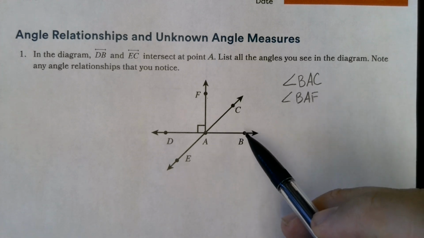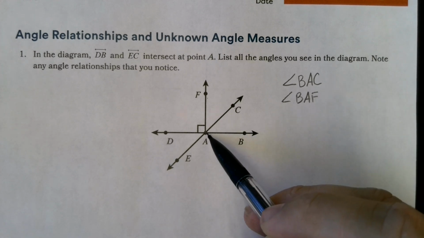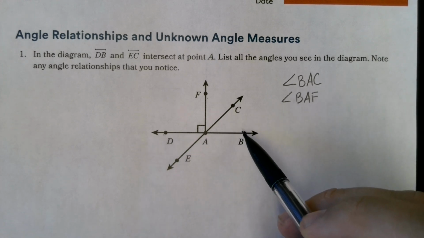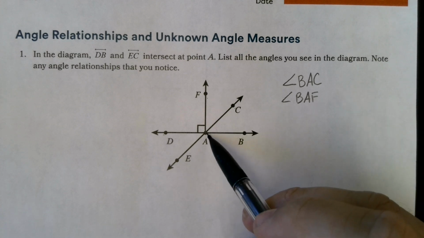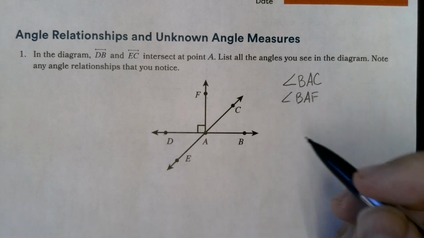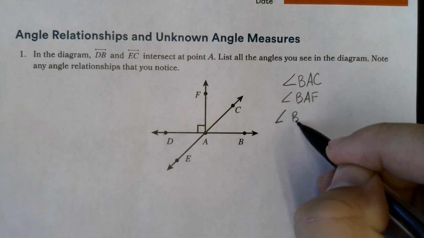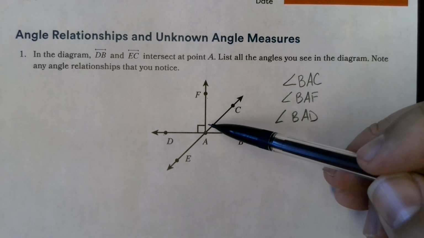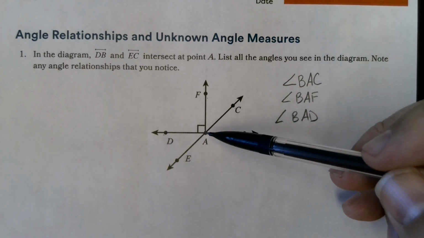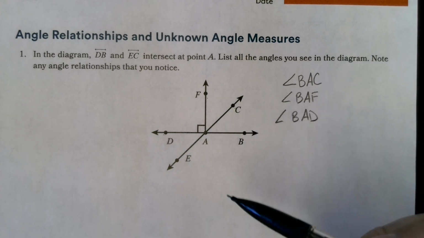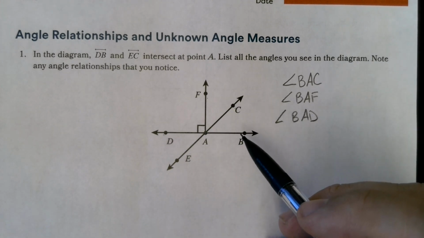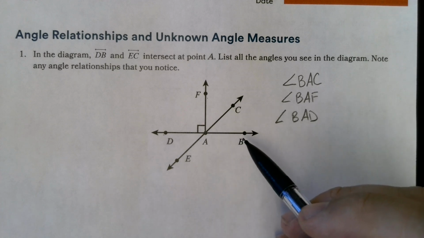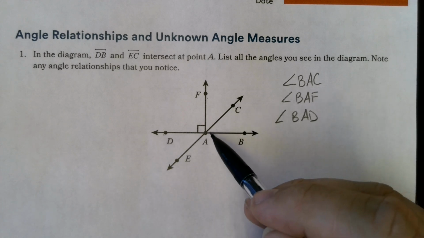I also have angle BAD because I have, again, endpoint, middle, endpoint. When we name angles, we are naming them using 3 points, especially whenever you have multiple angles that come from the same center angle. In addition to angle BAD, we also have angle BAE.